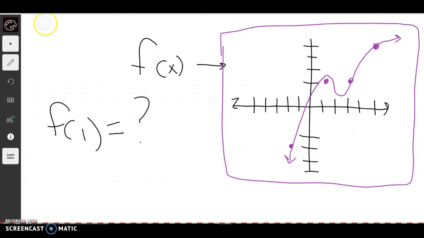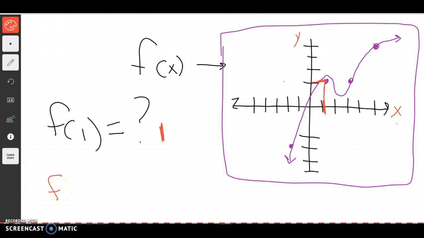So on my graph, I know this is my x-axis and this is my y, so these are my inputs, and this is my output. And if I go over to 1 and up to 1, I can see that if I input 1 into here, I get 1 as my output. I could do this with other numbers.